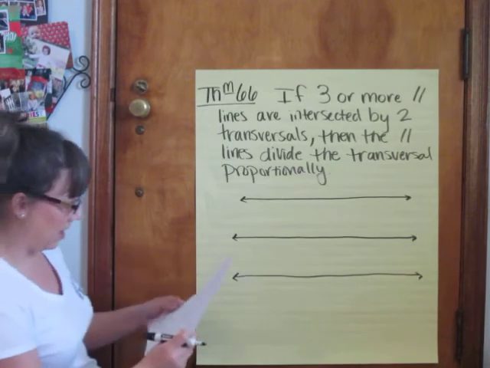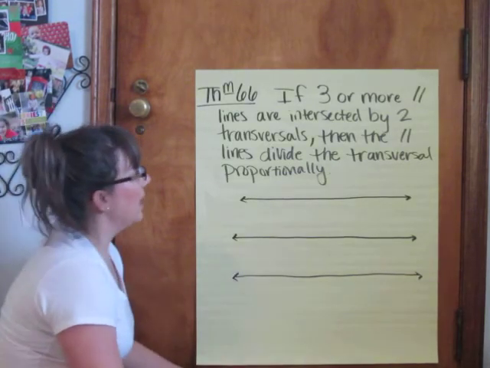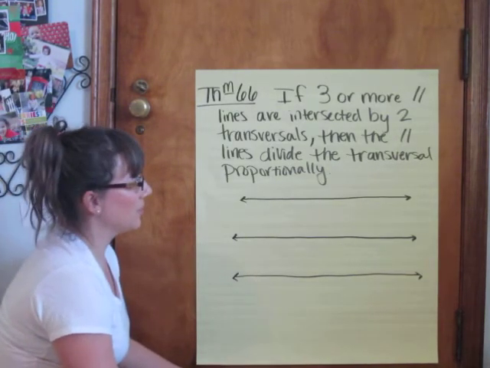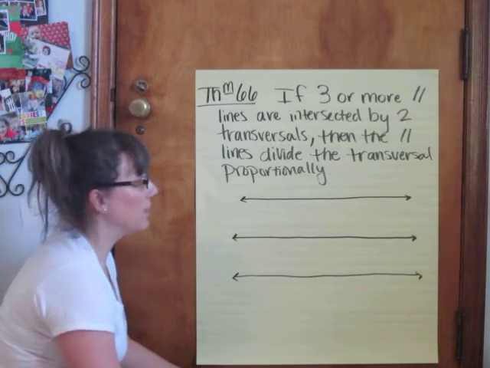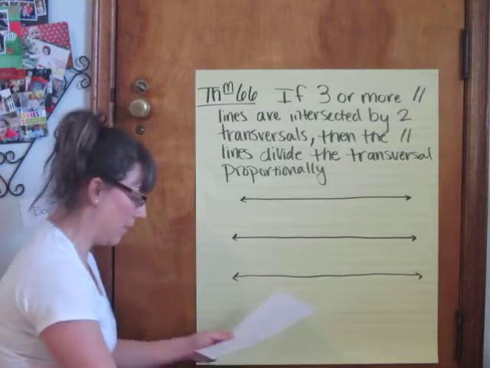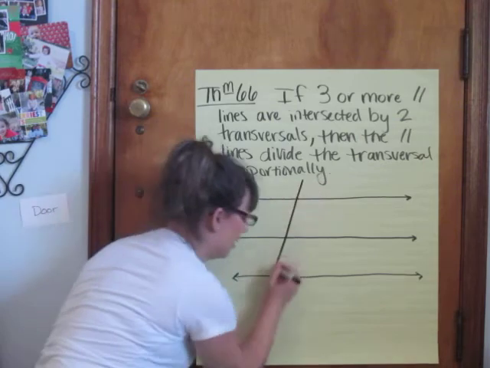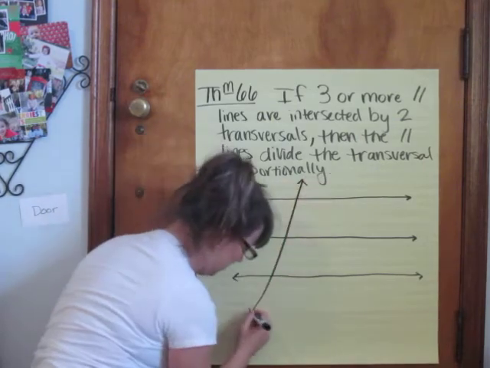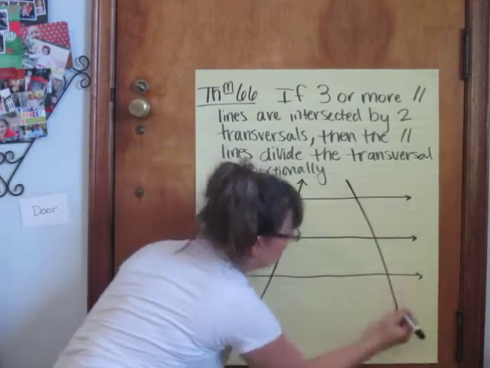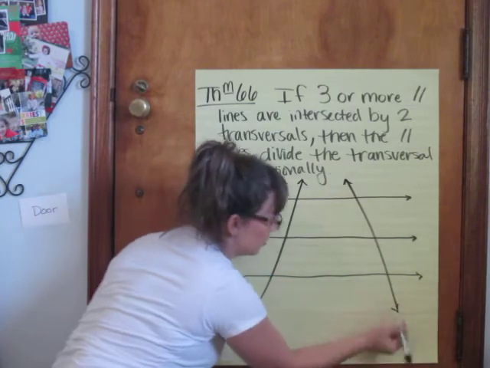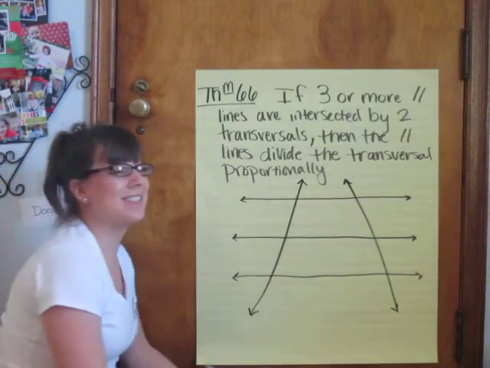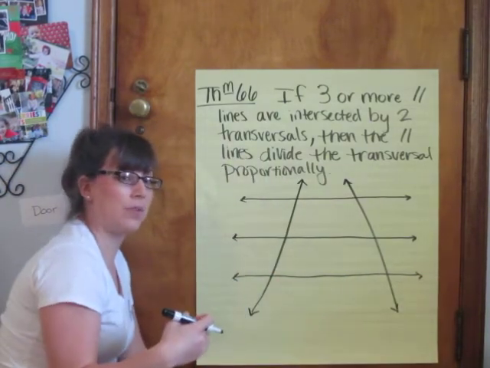Okay, so 3 parallel lines intersected by 2 transversals. It actually can be 2 or more, but 2 transversals is what I'm going to compare. So, transversal 1, transversal 2.